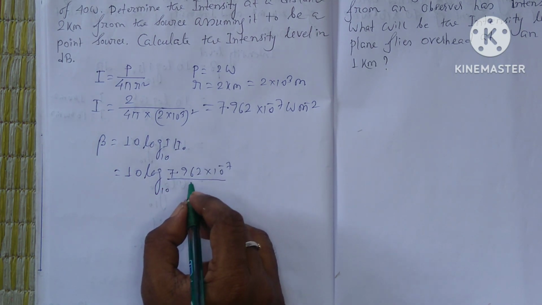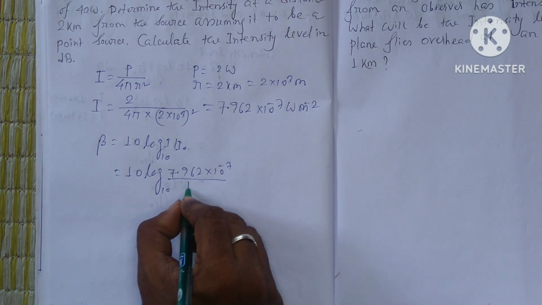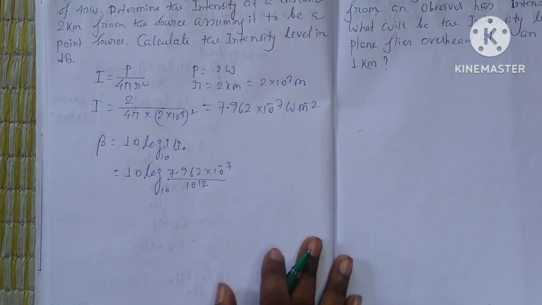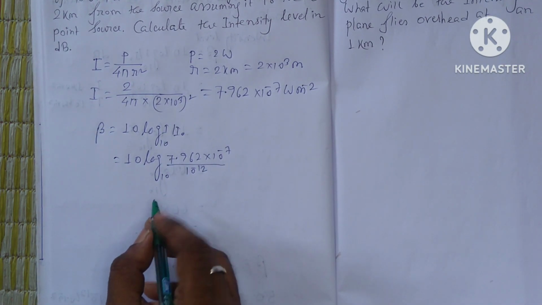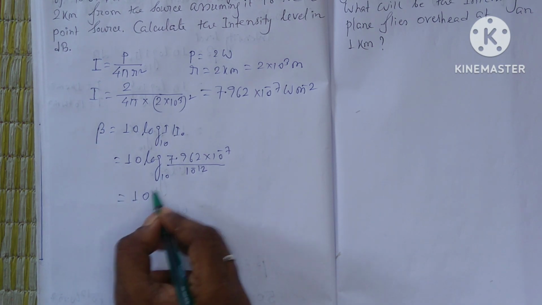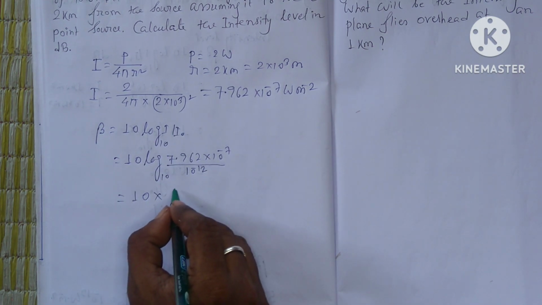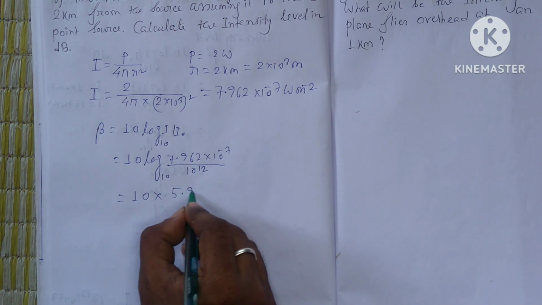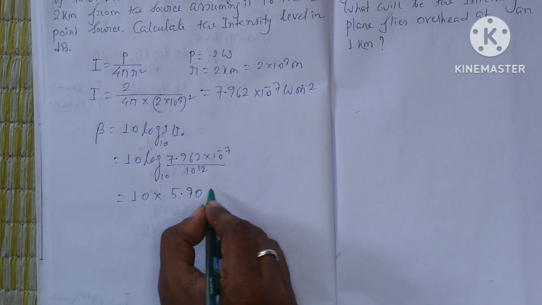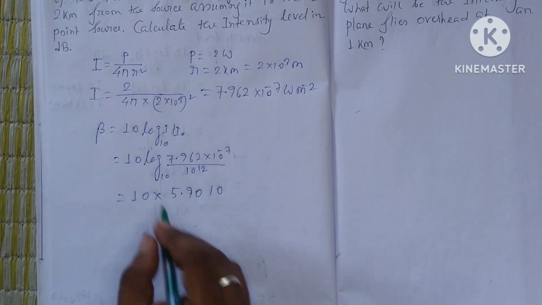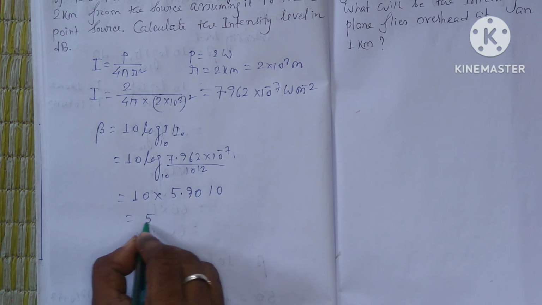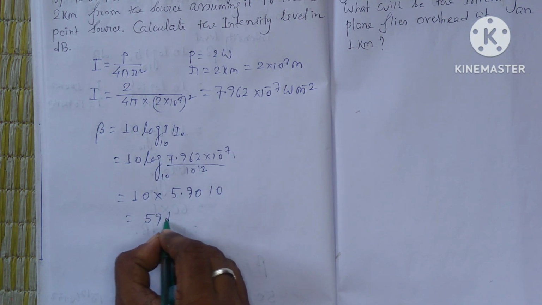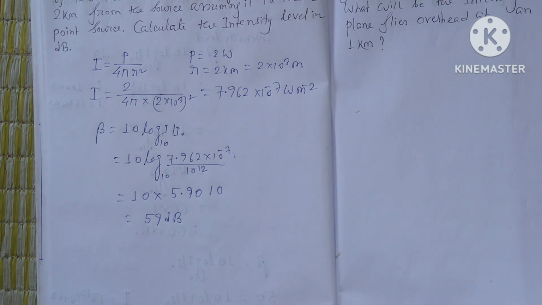I0 means 10 to the power minus 12. So we get the value 10 into 5.9010. This is the value. So we get 59 dB. dB means decibel.